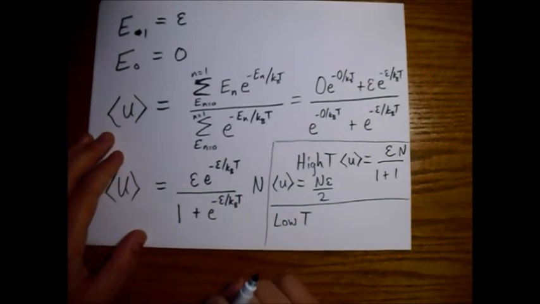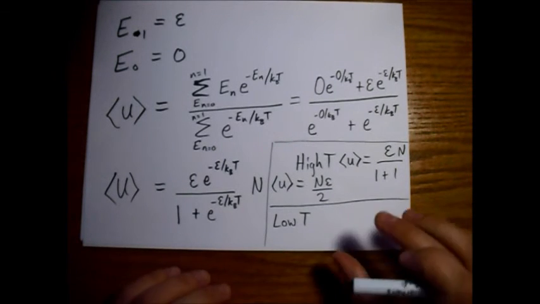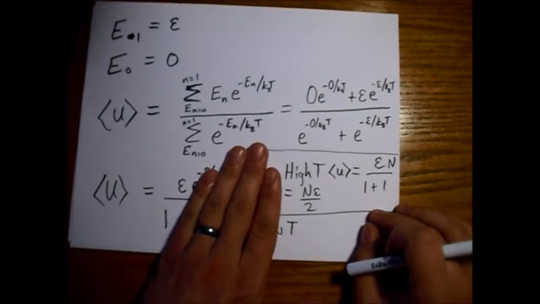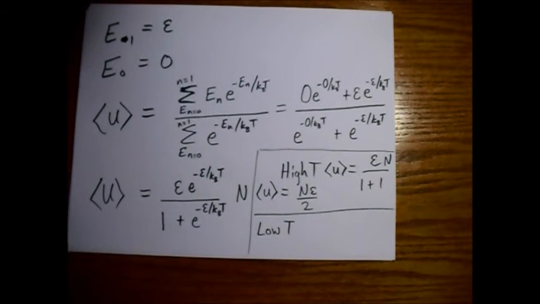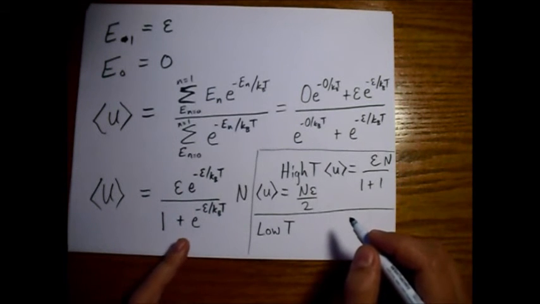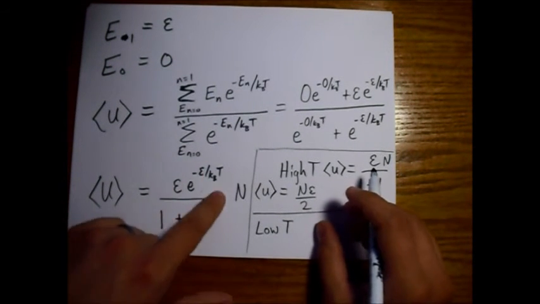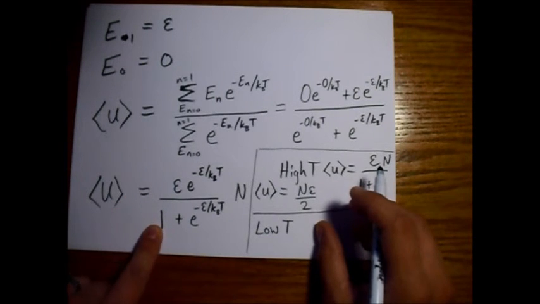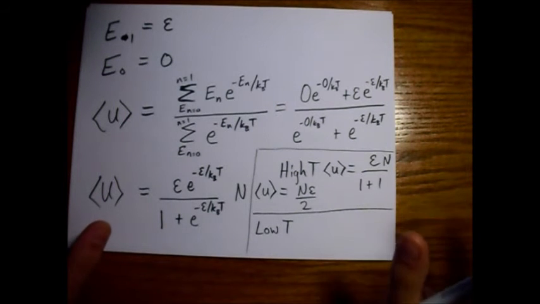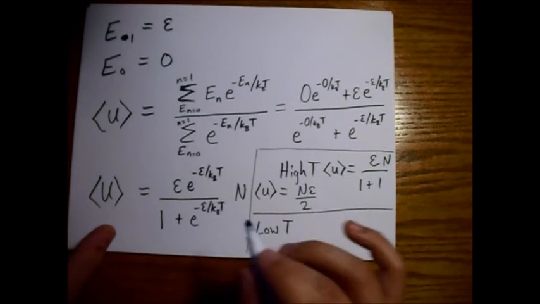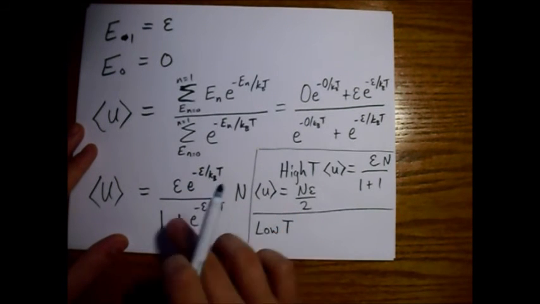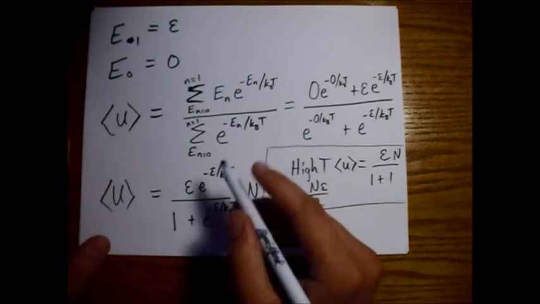Basically, let's see what we have. We have roughly, when this becomes, basically these go to 0.